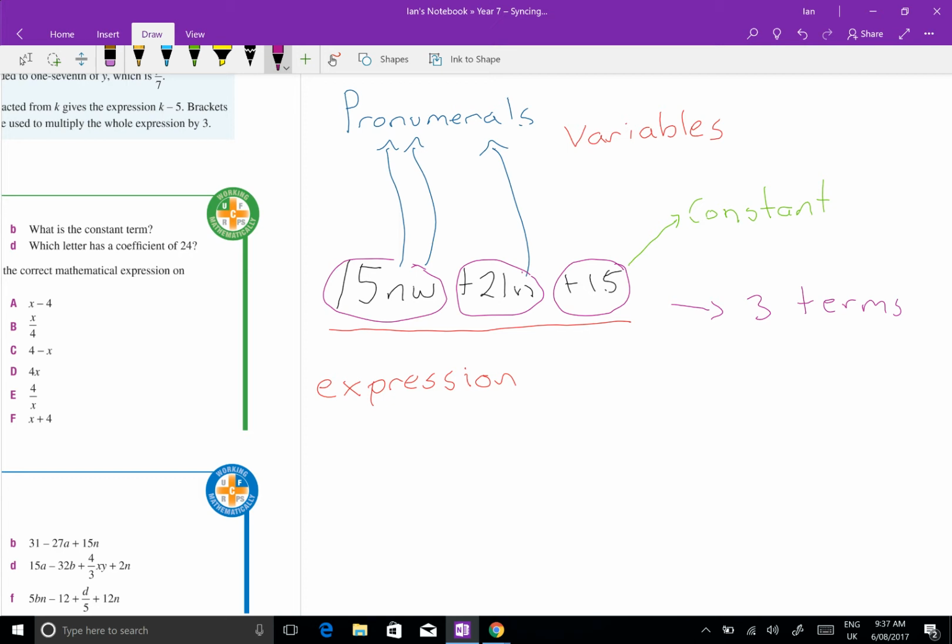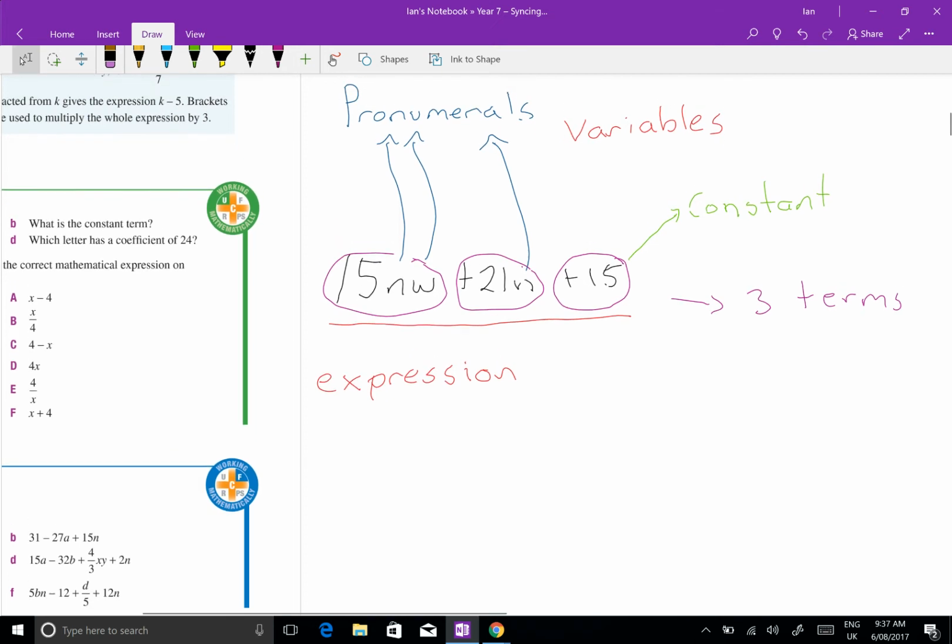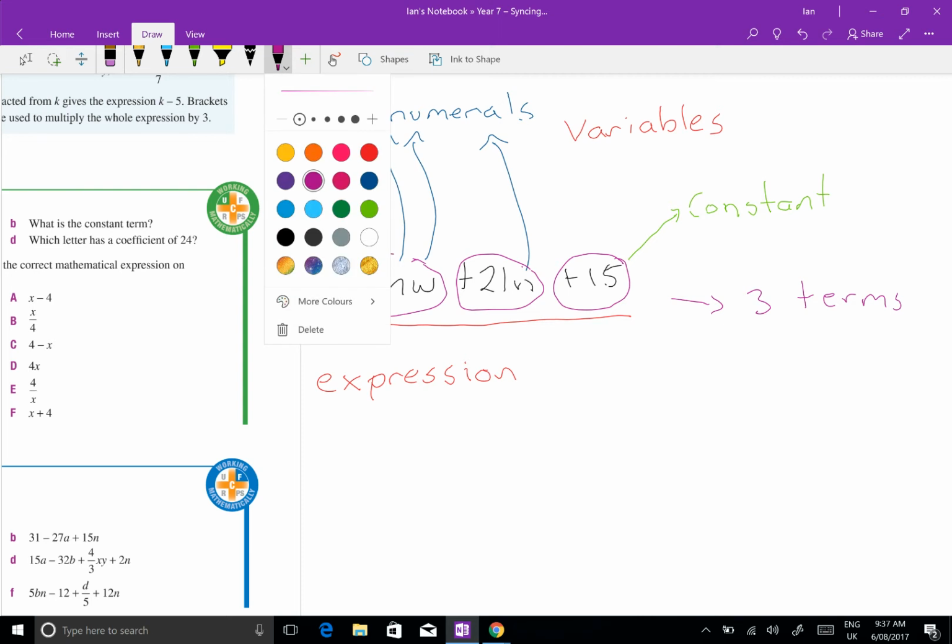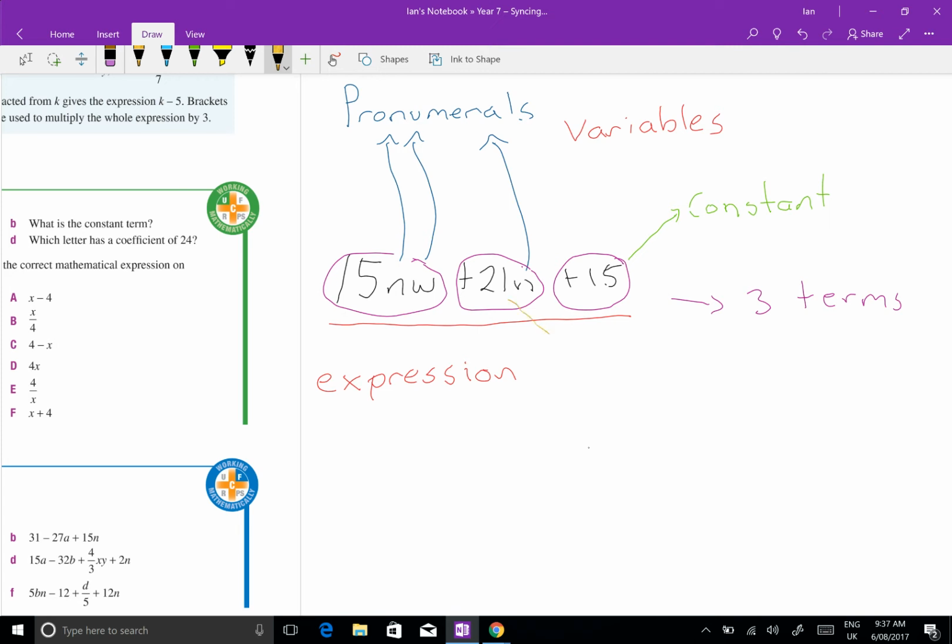Now, whenever we have a pronumeral, we have what we call a coefficient. The coefficient is the letter in front. We shouldn't use the word letter. We should use coefficient, and it's not the letter.